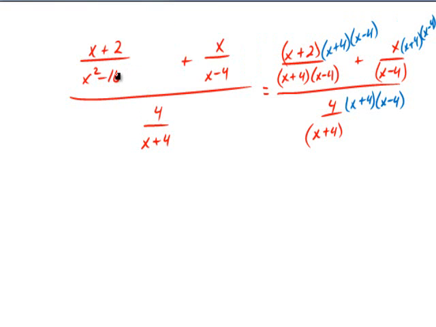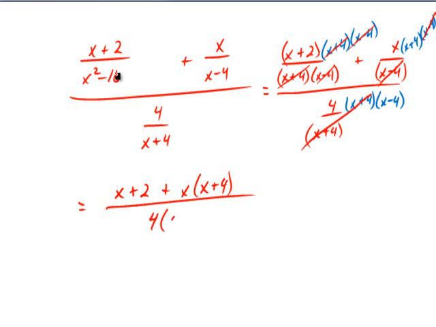In the numerator, the first fraction, the x plus 4's cancel, x minus 4's cancel, I'm left with x plus 2. In the second fraction, the x minus 4's cancel, I'm left with x times x plus 4. And in the denominator, the x plus 4's cancel, I'm left with 4 times x minus 4.